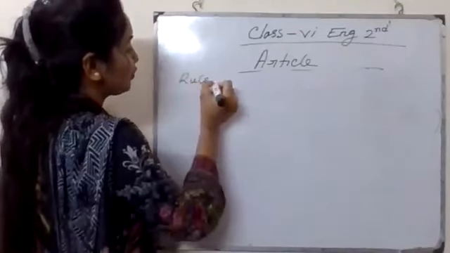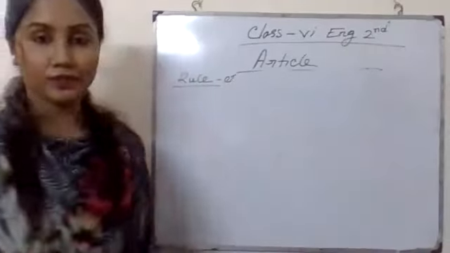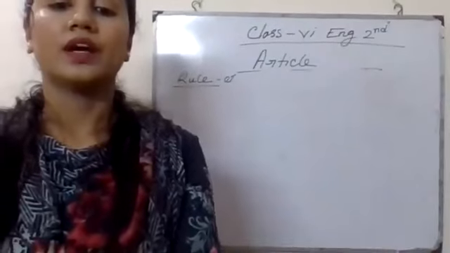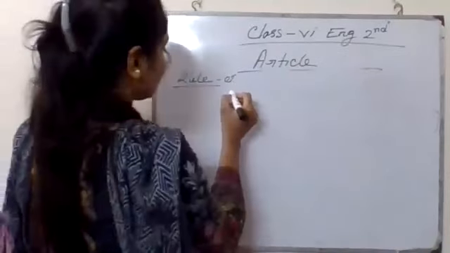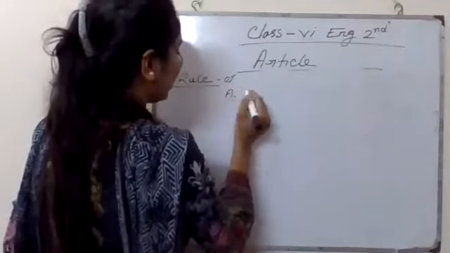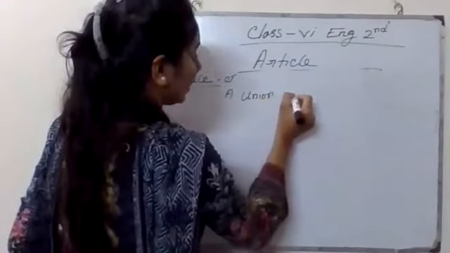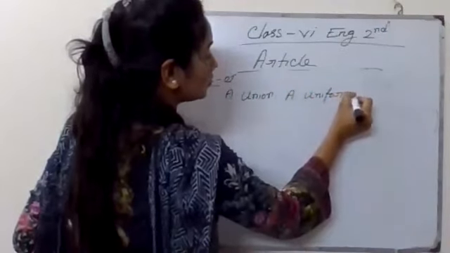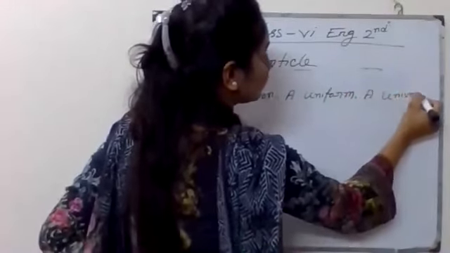Let's get back to the rule. Rule 1. First of all, I will give some examples and then I will explain the rule. A unicorn, a union, a university.